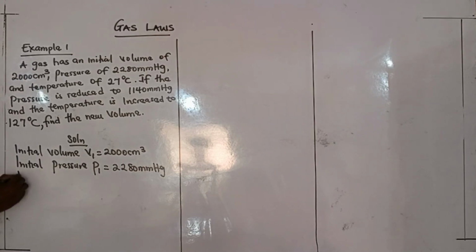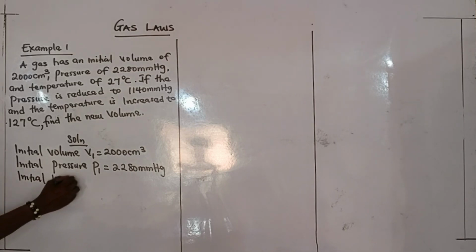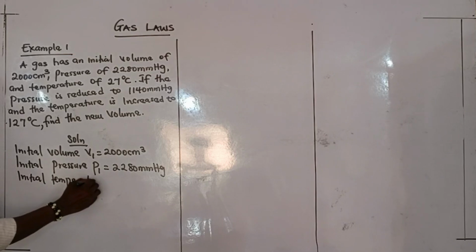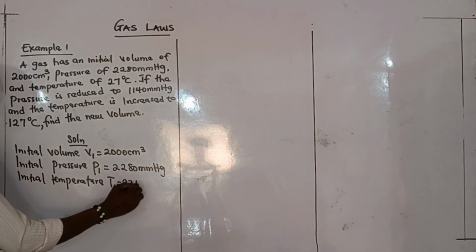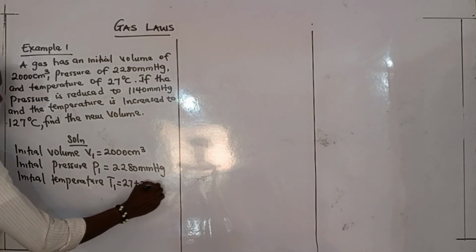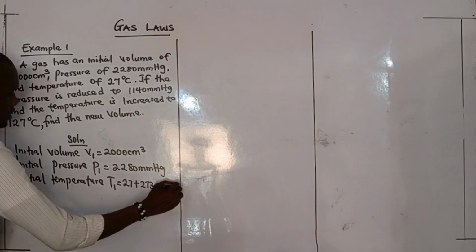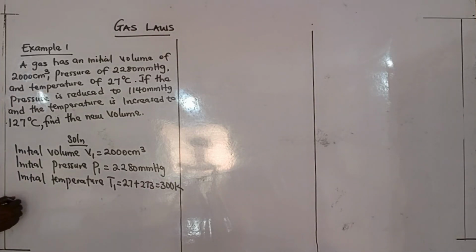We have our initial temperature, which is T1. If we convert to Kelvin, we have 27 plus 273, which is equal to 300 Kelvin. And then we have our final pressure.